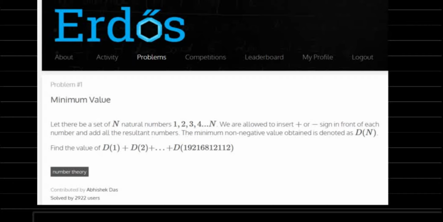So our final value which we have to output is the value of d of 1 plus d of 2 plus so on till d of this large number. So it is simpler to break this down and find the value of the function capital D of n for a general value of n.